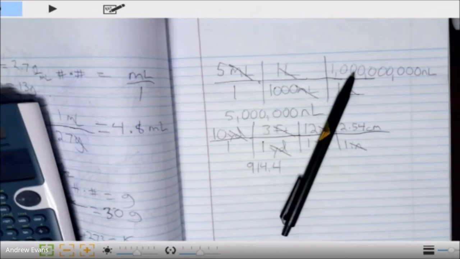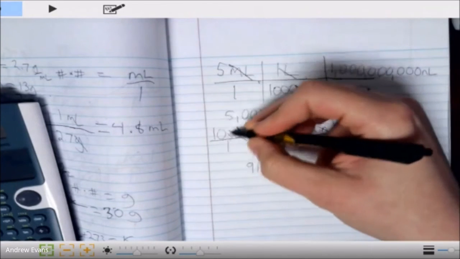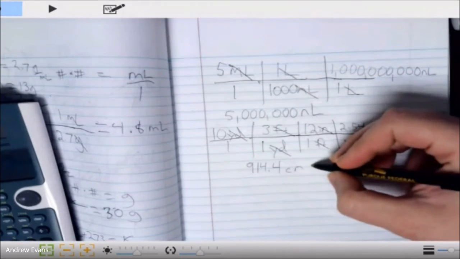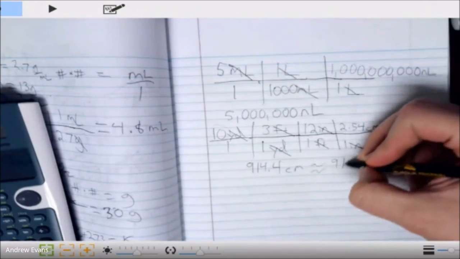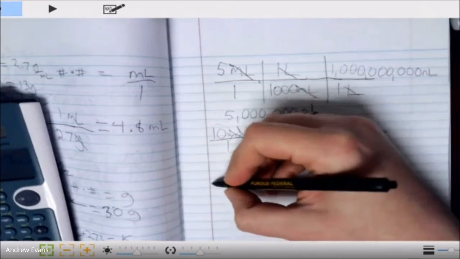Okay, now technically, because this is 2 sig figs, you would really want to say 910 centimeters. We'll not worry about that right now.